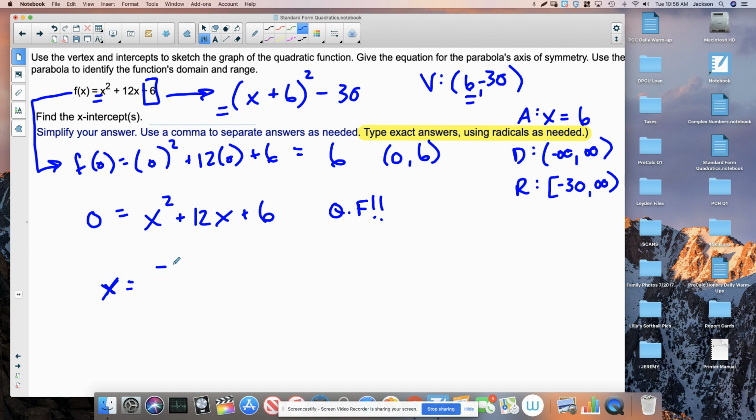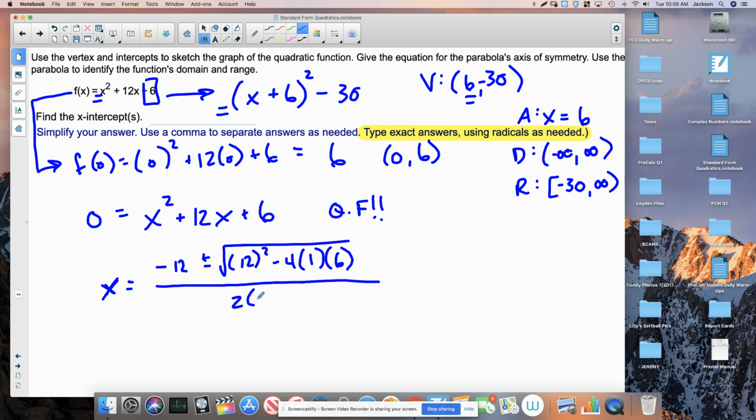So we take the opposite of b plus or minus the square root of b squared minus 4ac, and this is all written over 2a.